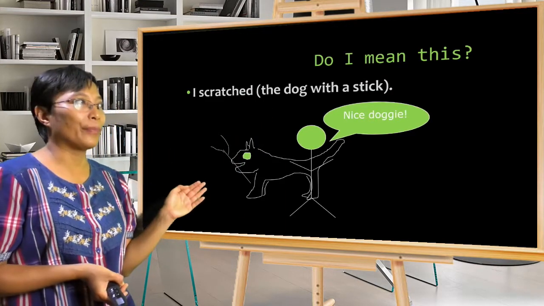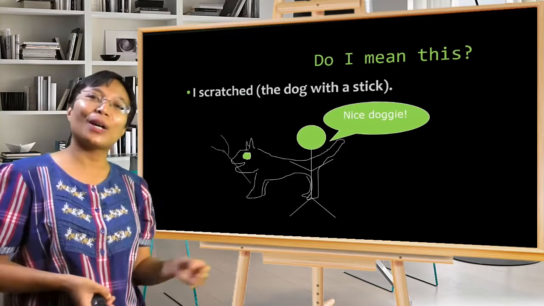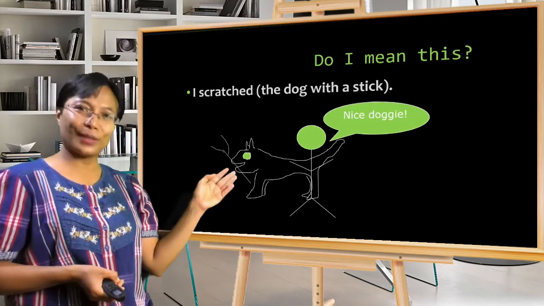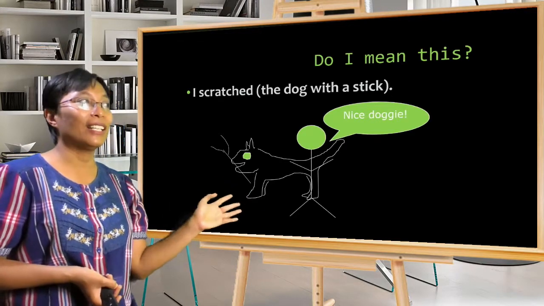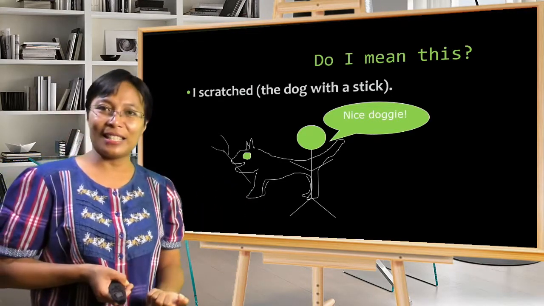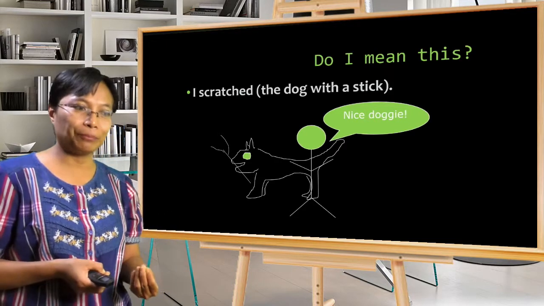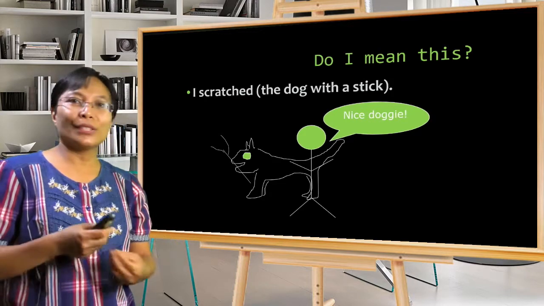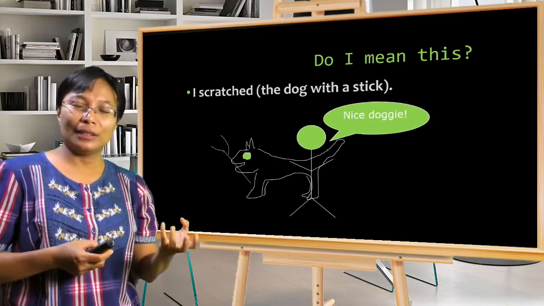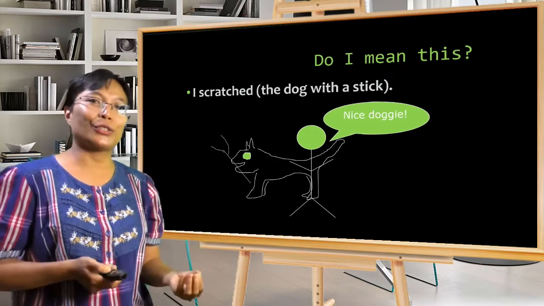So knowing syntax will help us a lot with this kind of construction. When we have an ambiguous construction, we can explain it using syntactic analysis, especially when the ambiguity is the result of the syntactic construction.